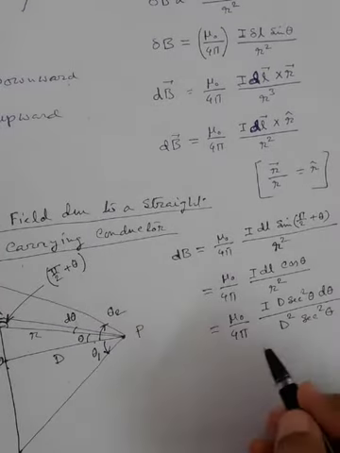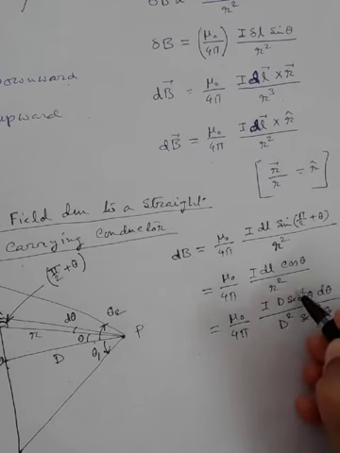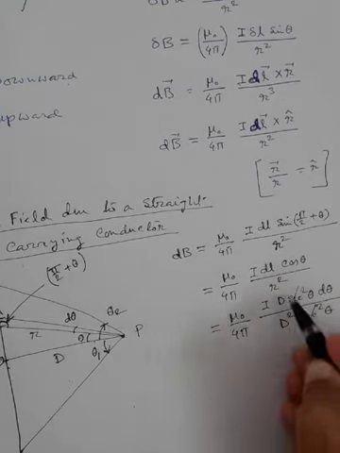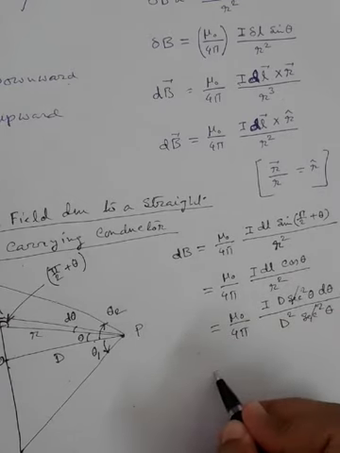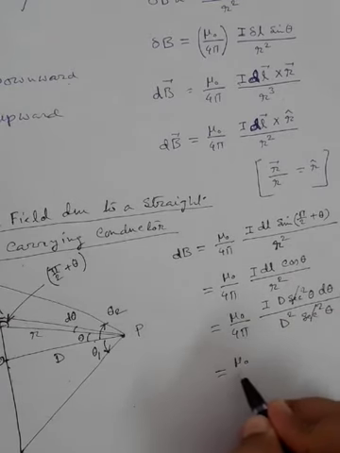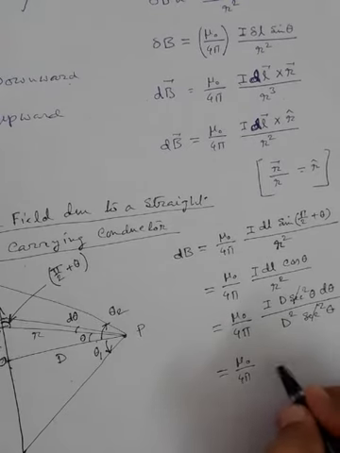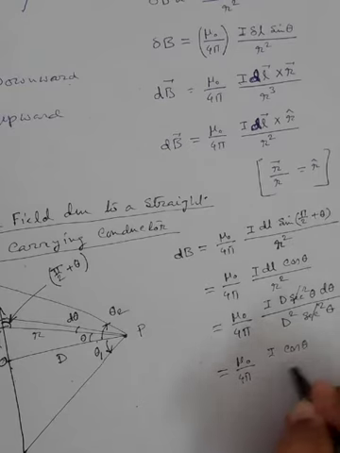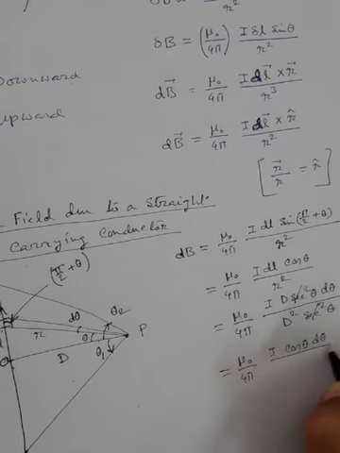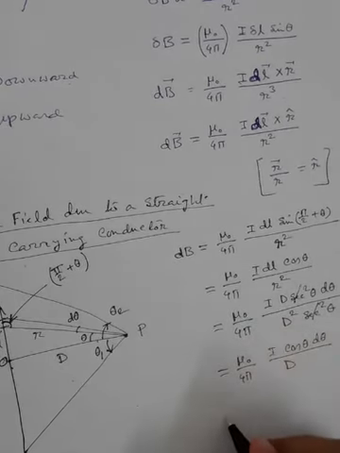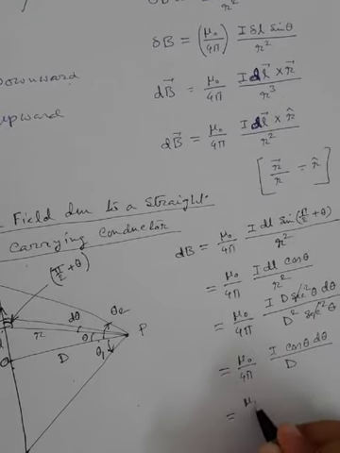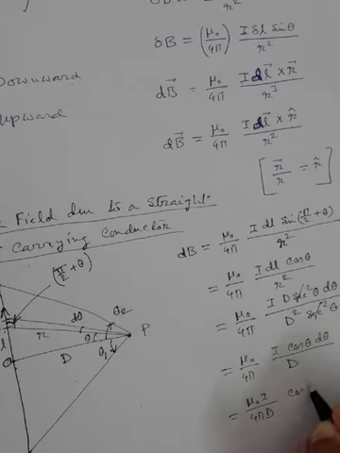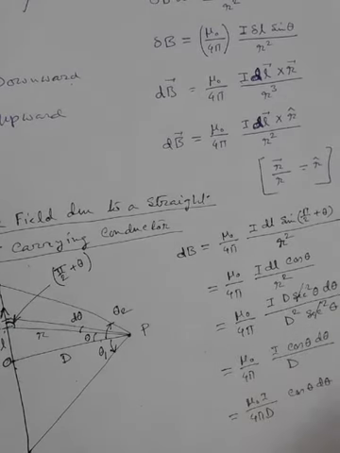Now by simplification these two sec square theta will be cancelled out and one d will be cancelled out, so we can write dB is equal to mu 0 I by 4 pi d cos theta d theta.